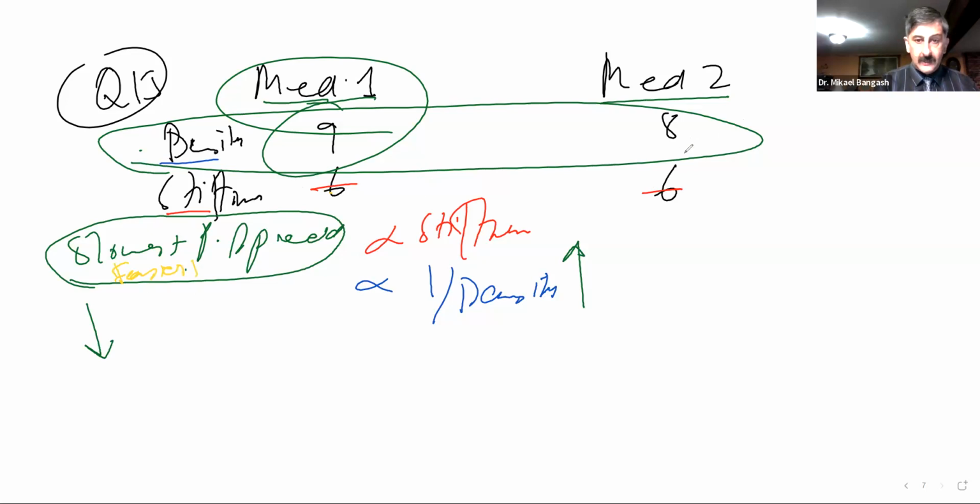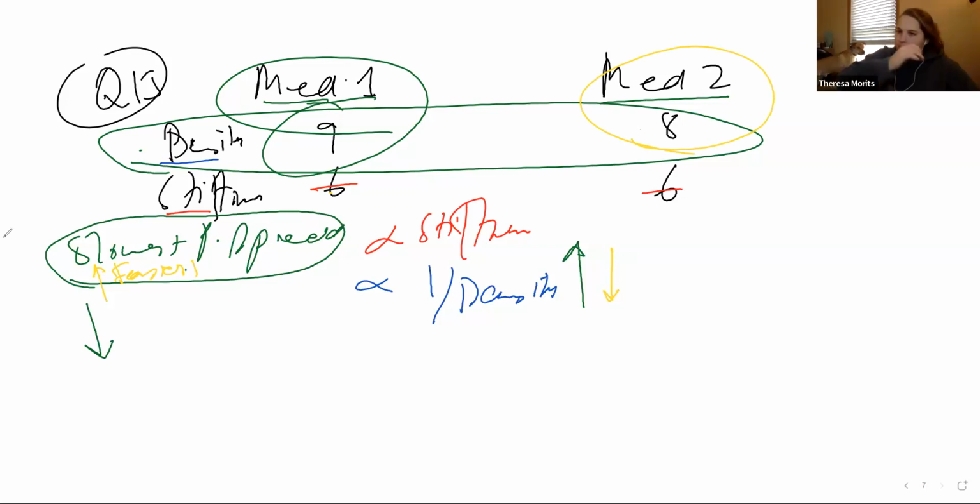But then we just have to look for the one with the lowest density, because density and propagation speed are inversely proportional. So if you want to find the fastest speed, you look for the one with the lowest density, which would have been medium 2. Did you guys get that?